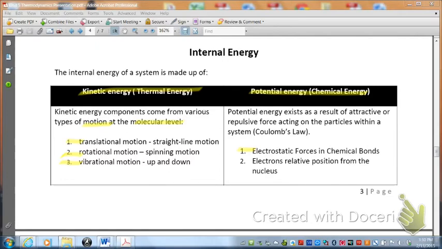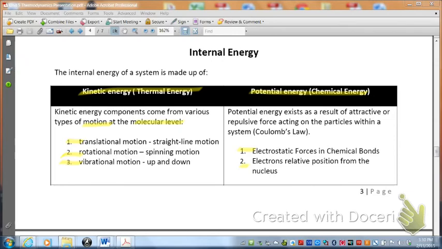Two of these important ones are, one, electrostatic forces in chemical bonds, which we are going to look at quite a bit in this unit on thermodynamics. The electrostatic forces that make up chemical bonds have stored potential energy in them. Two is the potential energy that's created from electrons in their relative position from the nucleus.